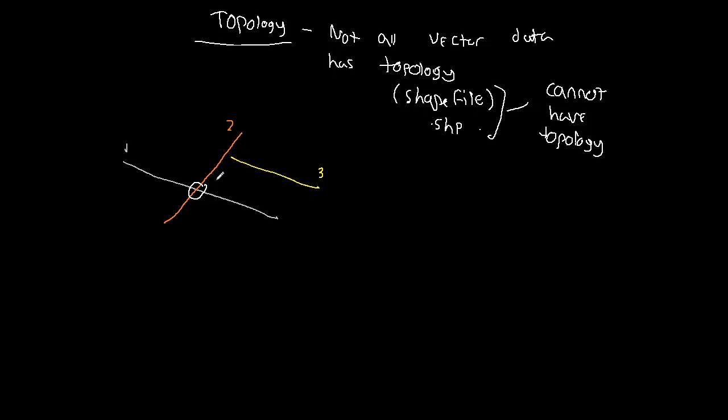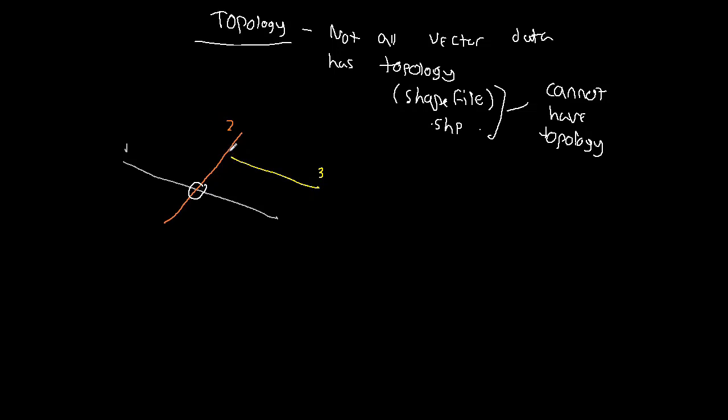If we think about trying to use GPS, something like this would be a nightmare, because there's nothing telling the GPS that there's a node here for a car to be able to turn, or that these two roads are different segments for something called geocoding, which is where we take addresses and convert them to points on a map. So something like this would be a nightmare for a lot of GIS applications.